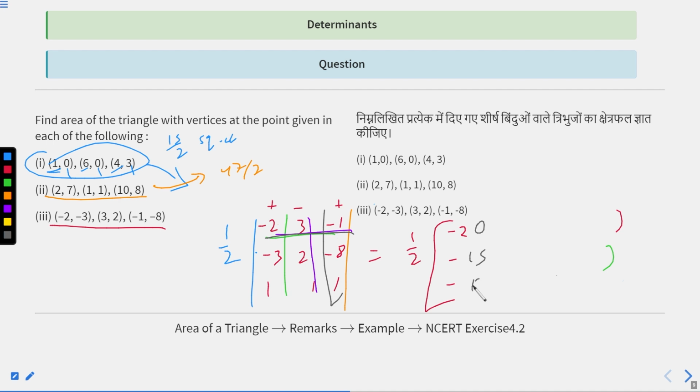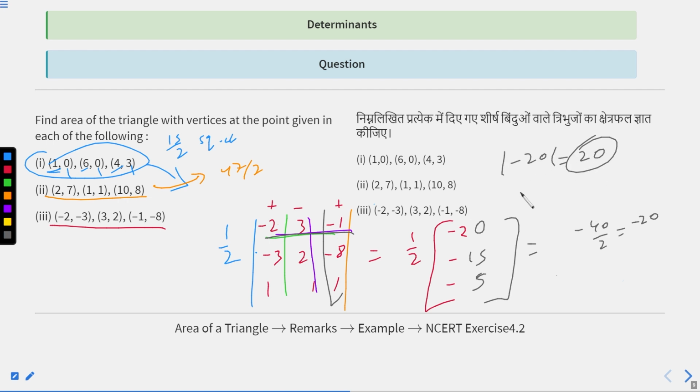Okay, just 5. If I'm doing anything wrong in any calculation, please do verify by yourself. In this case, minus 20 and minus 20 will give you minus 40. So this will be minus 40 by 2, which is just minus 20. But area must be positive, so you have to take the absolute value, which is 20.